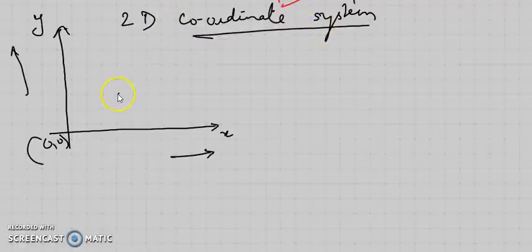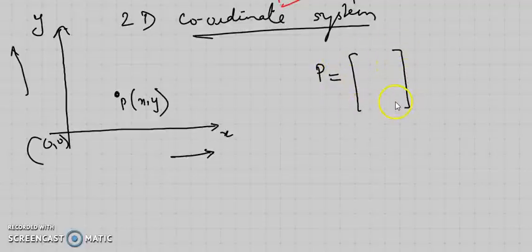Now, any point in this 2D coordinate system, say P, x comma y. Since this is a point in 2D coordinate system, I write it as x comma y. Now, please have a look at how I am going to write it in a matrix format. So my P is equal to a matrix.